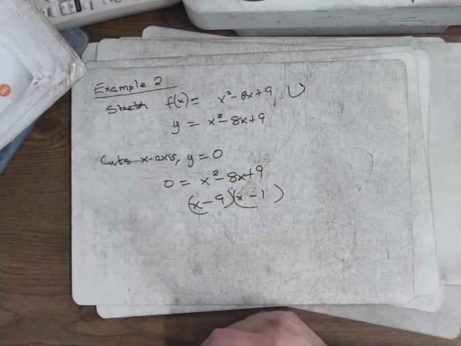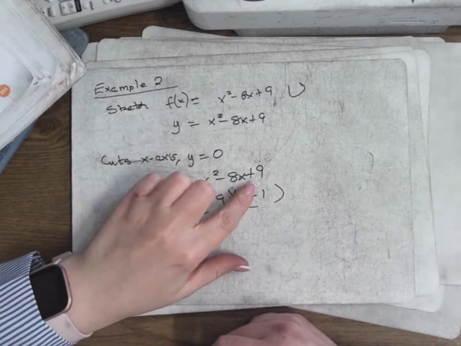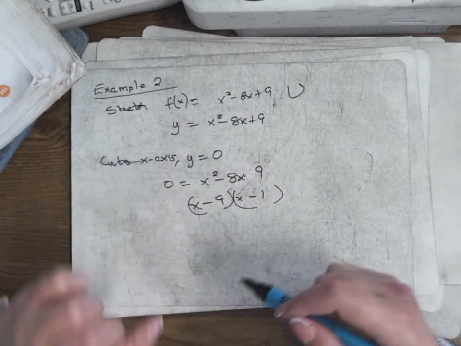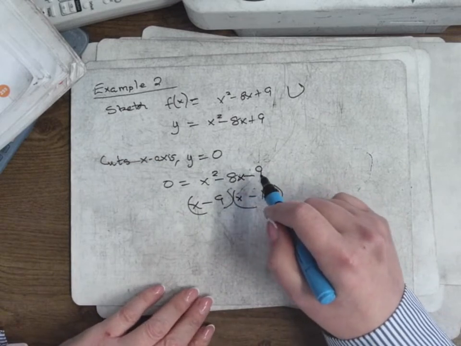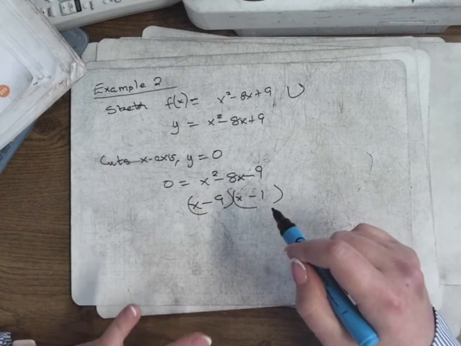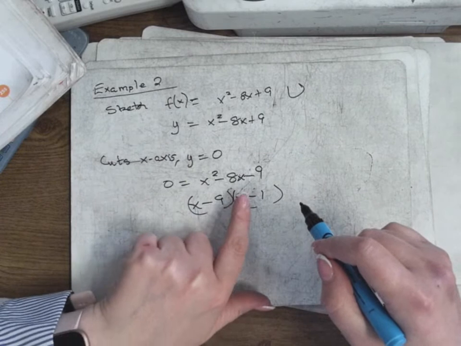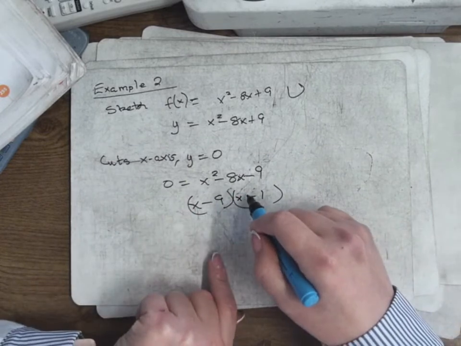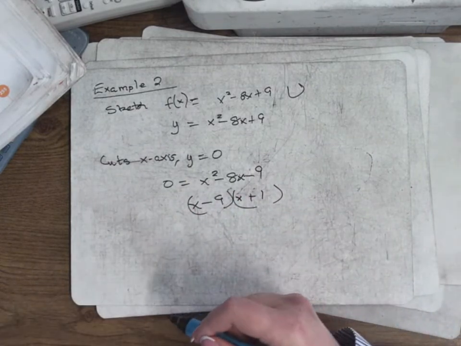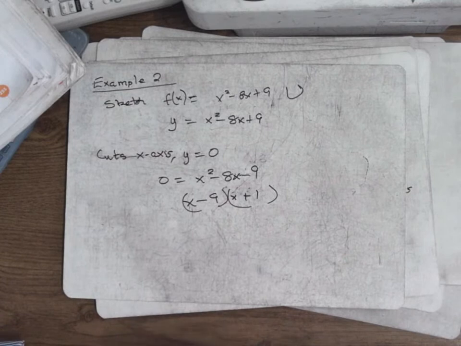That's wrong anyway, isn't it? Yeah, I have to change that to a minus. Right, okay. So I have 9 and 1, two different signs, so it'd be minus 9 and then a plus 1. Yeah, I think I just wrote it down wrong. Right, is that okay? I think it's good now.